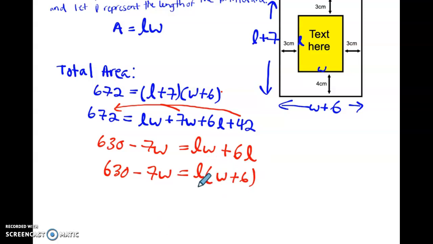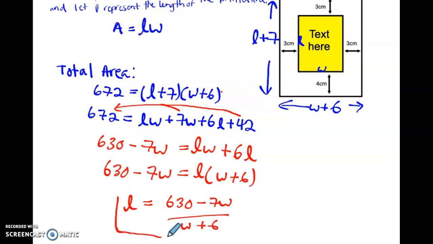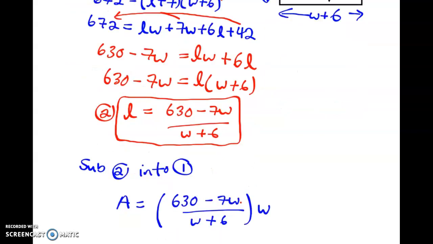And then we're going to divide both sides by W plus 6, and that's going to isolate the L. So that gives us our second equation, where we've written one variable in terms of the other, and we're now going to sub that in to equation number 1. So I replaced the L in the first equation with 630 minus 7W all over W plus 6.